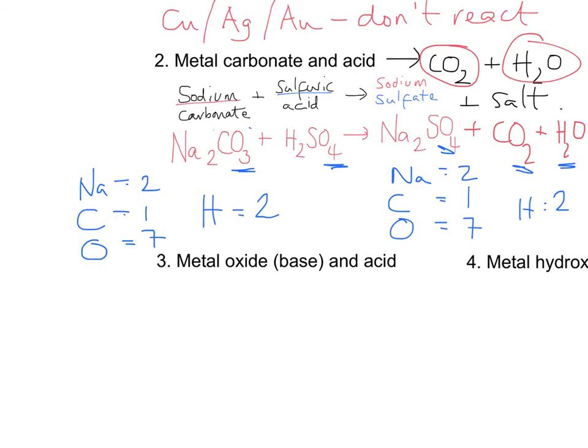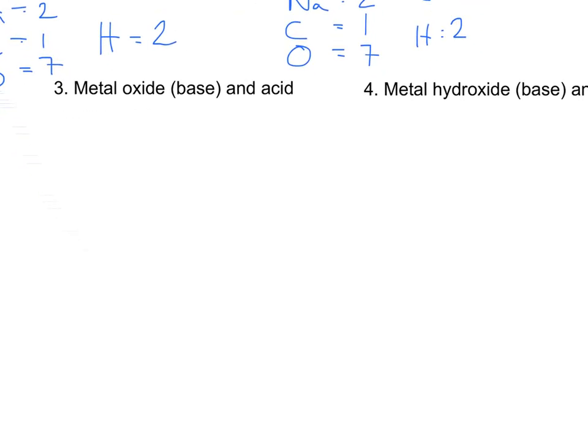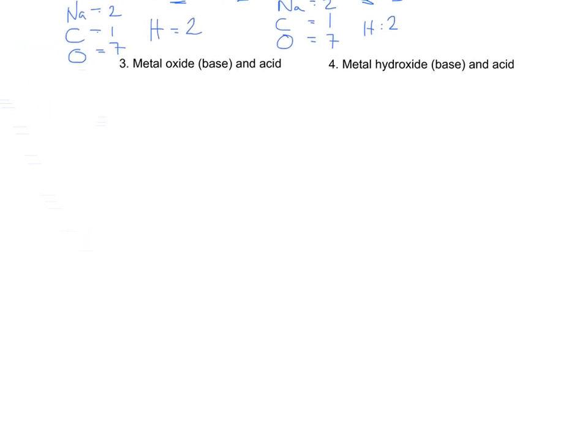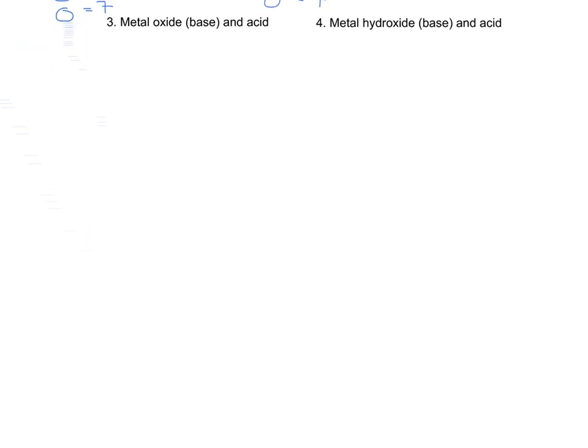Right, lastly, let's have a look at the reactions 3 and 4. So this is a metal oxide and a metal hydroxide with an acid. These are essentially neutralization reactions because they produce a salt and water.